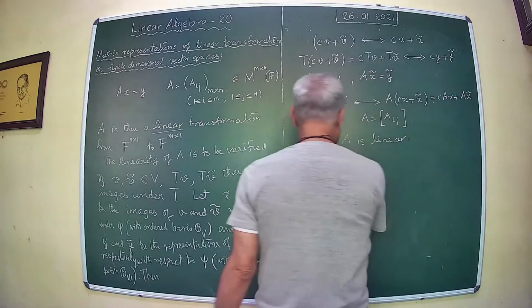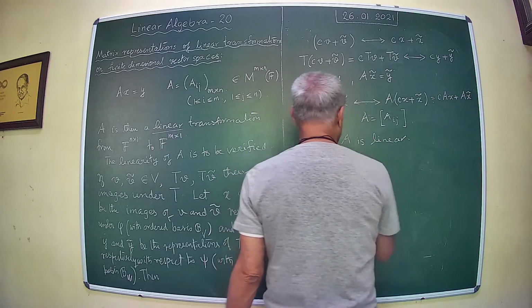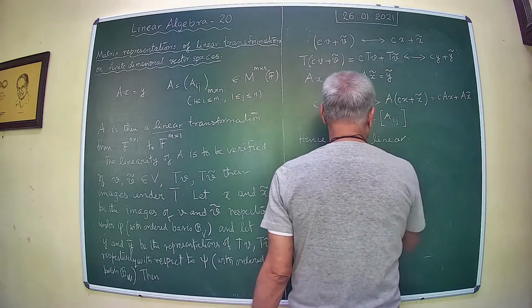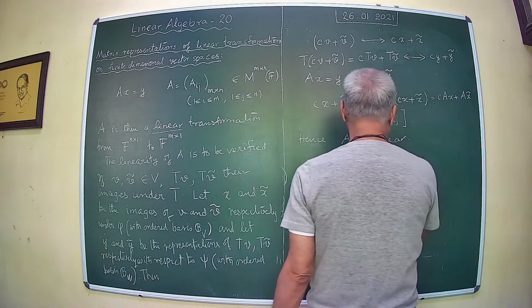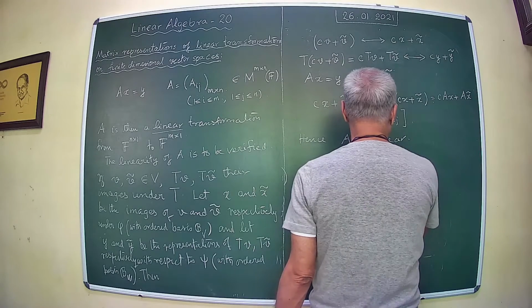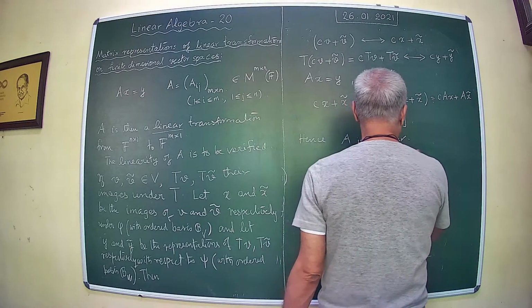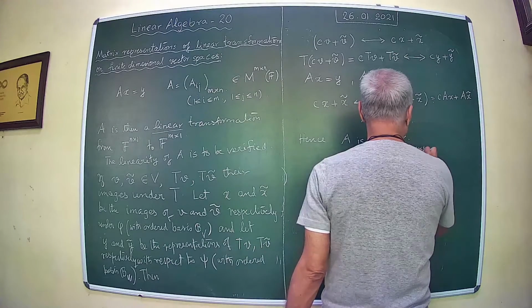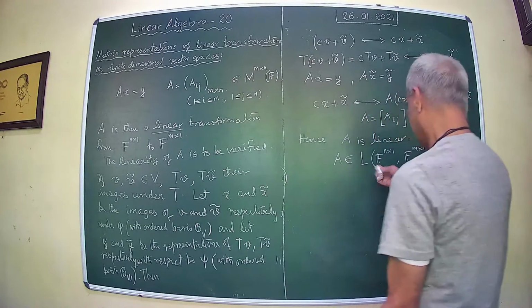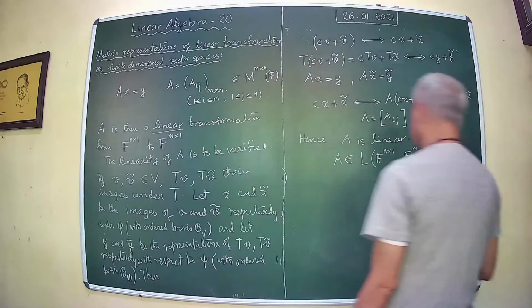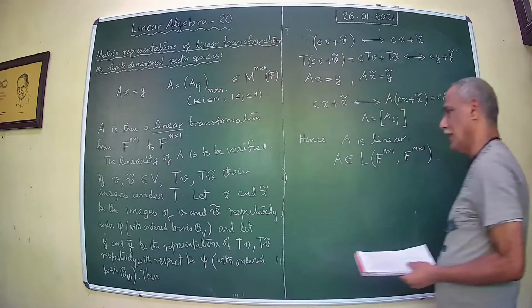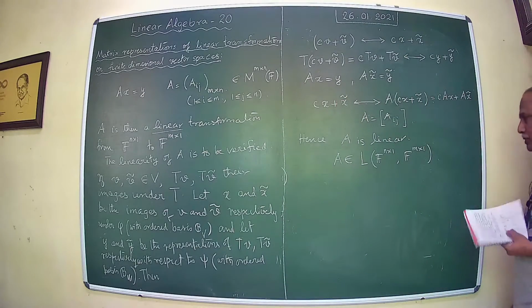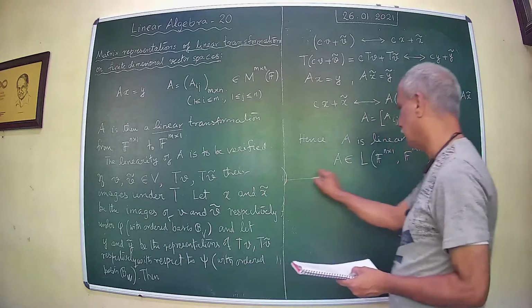So what you have is that A is a linear transformation from Fn to Fm, or slightly distorting the whole thing, this can be considered as from Fm to F. So this is the representation.